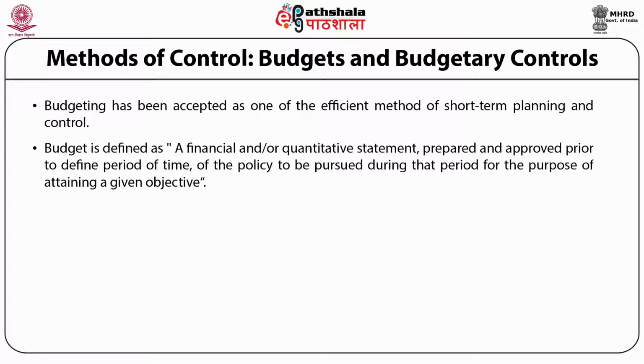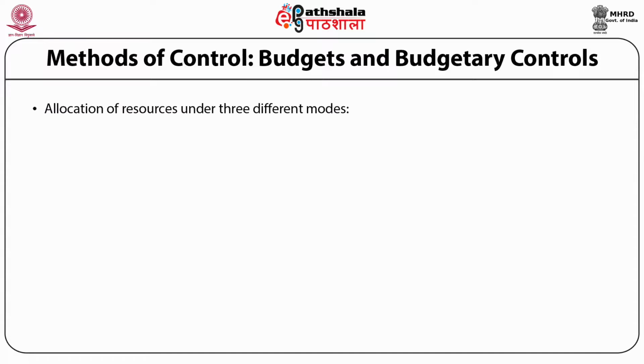A budget is defined as a financial and/or quantitative statement, prepared and approved prior to a defined period of time, of the policy to be pursued during that period for the purpose of attaining a given objective, by the Chartered Institute of Management Accountants, England. Therefore, a budget is taken as a document that usually deals with the allocation of resources to different units within the organization.